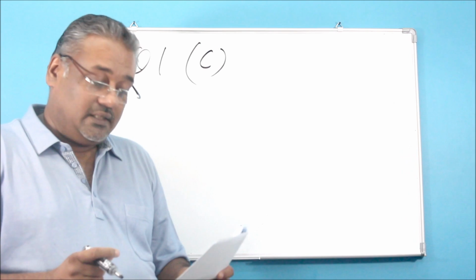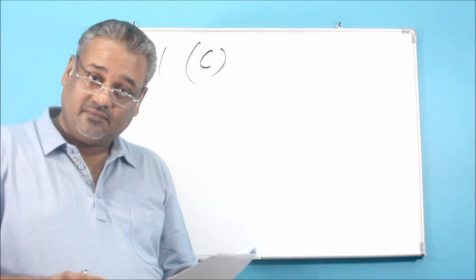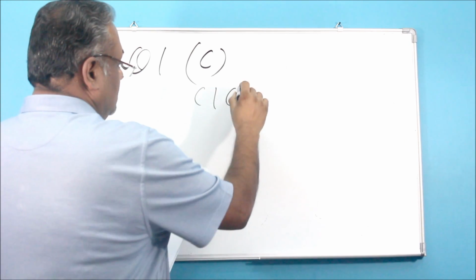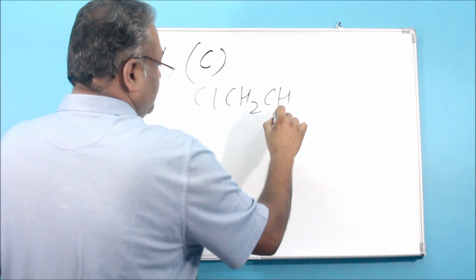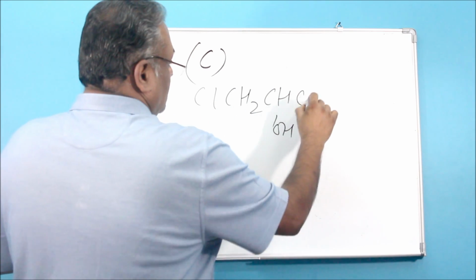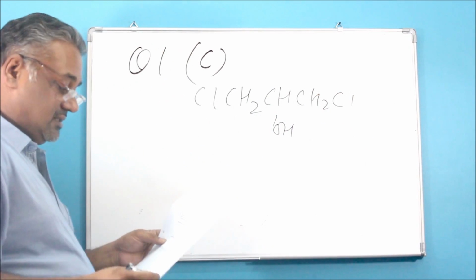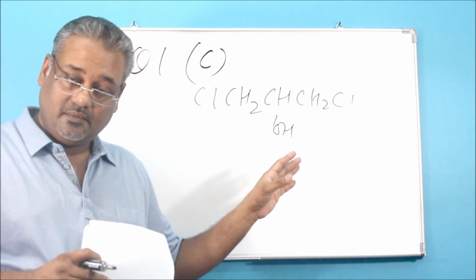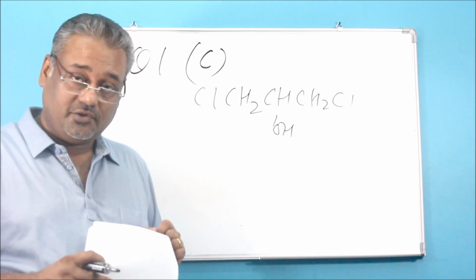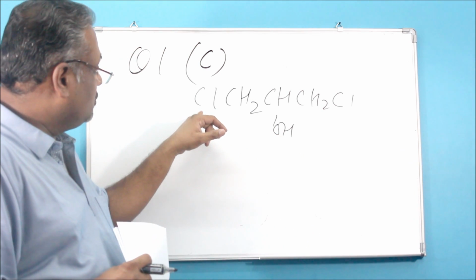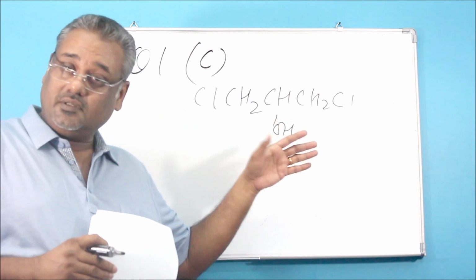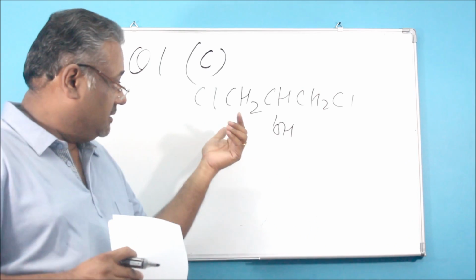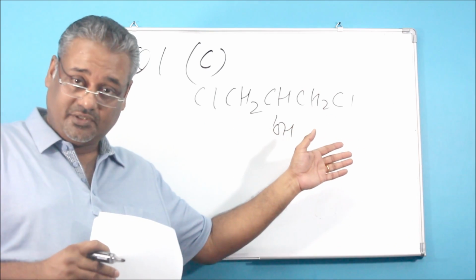For the next part, it says what happens when you react this with ammonia. If you look at the compound again, we have Cl CH2 CHOH CH2Cl, and we are going to react this with ammonia. This question is from topic 16 of your syllabus, where you study halogenoalkanes. You might remember that in halogenoalkanes you could remove a chlorine and substitute it with OH or NH2 or CN. This is called nucleophilic substitution.